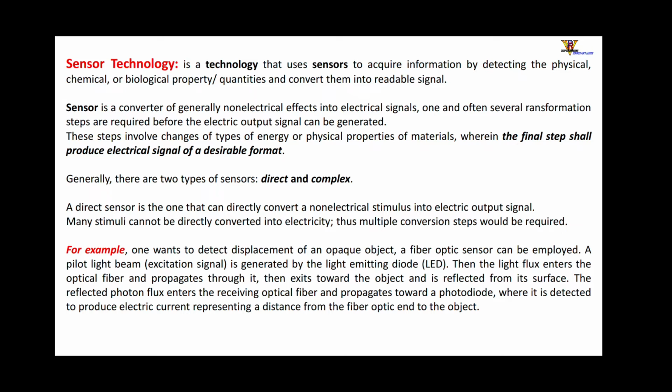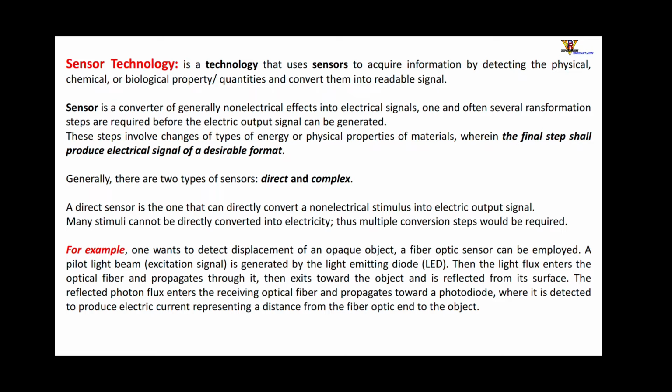Then after striking the object, it is reflected from its surface. The reflected photons again enter the receiving optical fiber and propagate towards a photodiode. Now instead of an LED we have a photodiode in the receiving optical fiber, where the light is detected to produce electrical current.